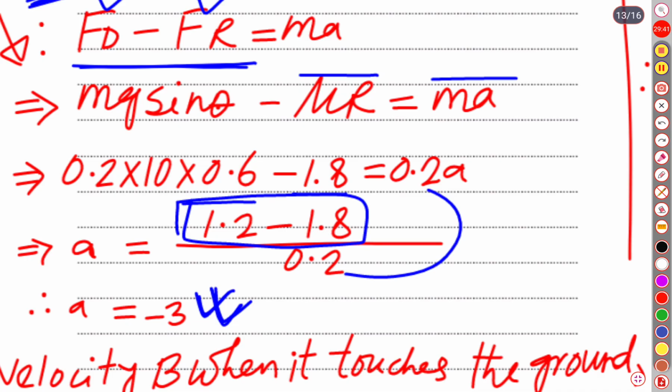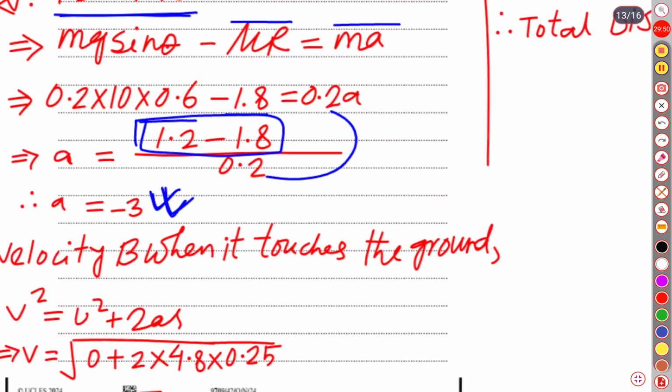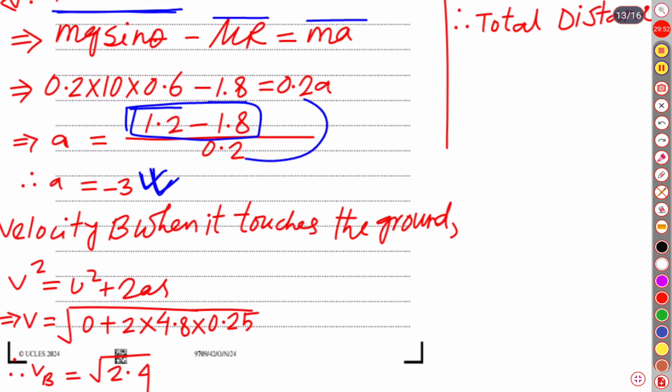Now we will find the velocity. We have already decided we are going to apply the SUVAT formula. So for the SUVAT formula, we have got the acceleration. Now we will find the velocity. The velocity from each of the particles can be found, but we have chosen B because this is easier to obtain.